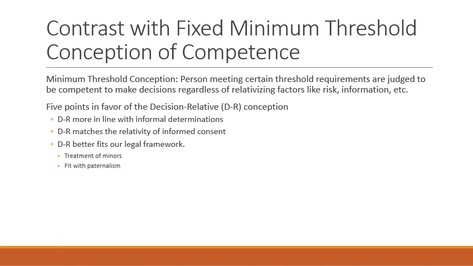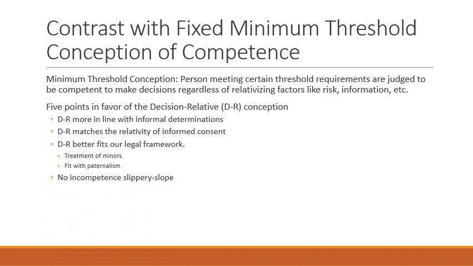And also, with regards to our fit with our legal view of paternalism, DR seems to do a better job, or at least that's what the authors seem to think. And again, paternalism is this idea that we can choose for somebody, especially an adult, what's in their best interest, regardless of what they want. So that's going to be tricky, that we typically don't like that, but that's what makes this determination of competence so important.